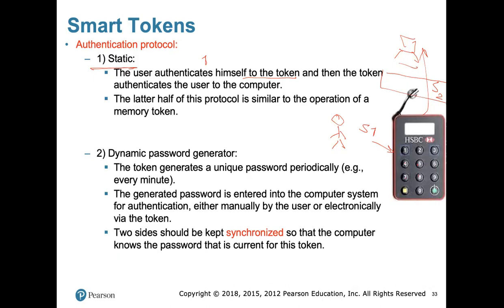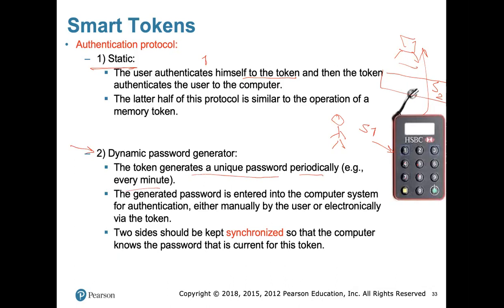The second authentication method is the dynamic password generator. Dynamic password generators are again tokens, physical devices that we may hold in our hand. And the way it works is this: the token generates a unique password periodically, for example, every minute, every second, or every unit of time.